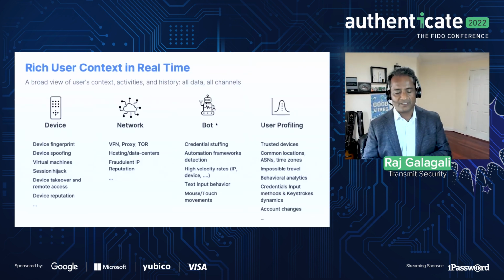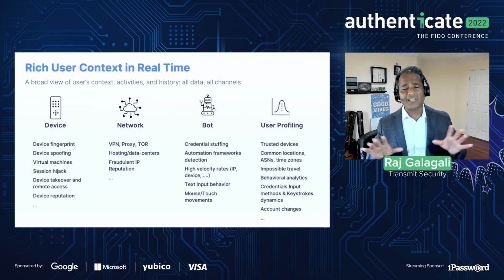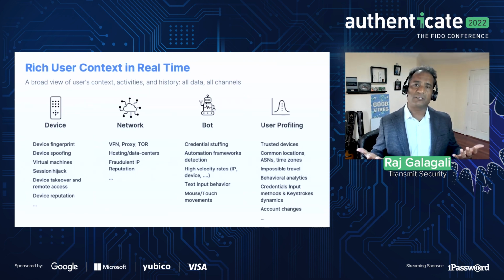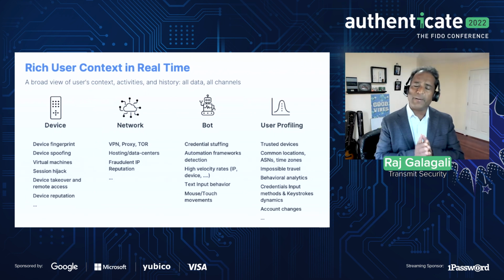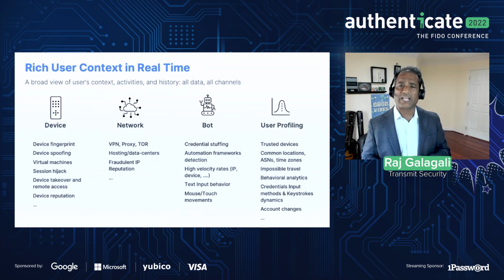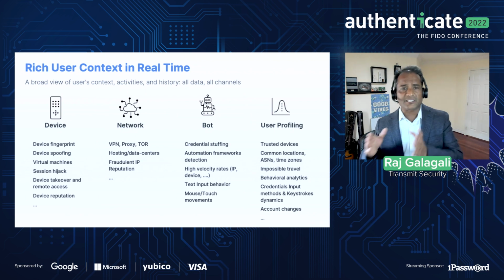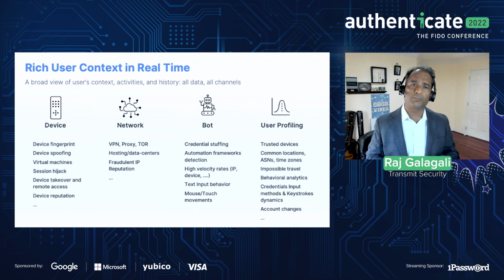And when I mentioned zero trust or context or risk aware, this is something that should be happening in the background. Without any user's input, your application must always be able to make a decision based upon all the device attributes that the user is using, the network attributes that the user is coming from, things like bots, things like a man in the middle, session hijacking. Is it the same user who is moving the mouse?